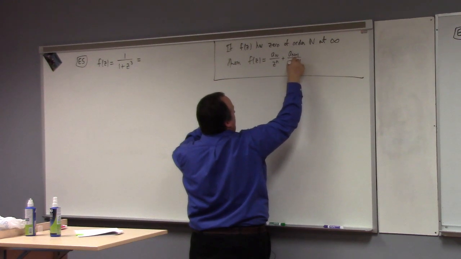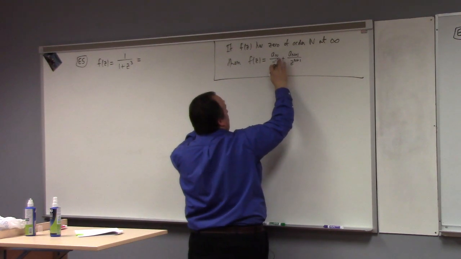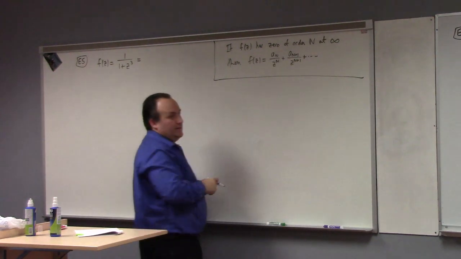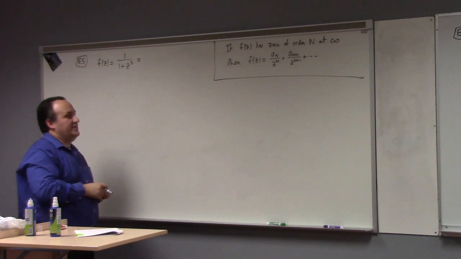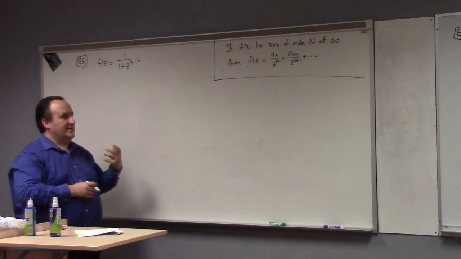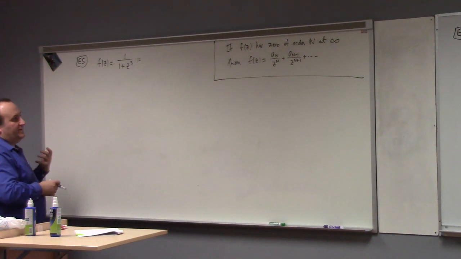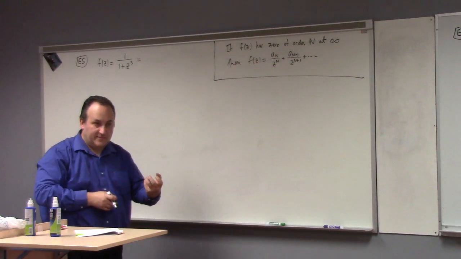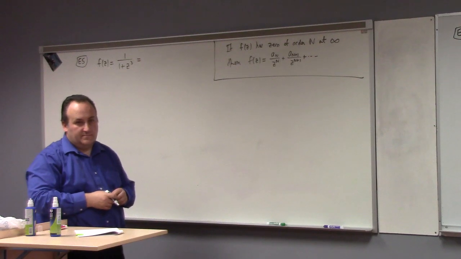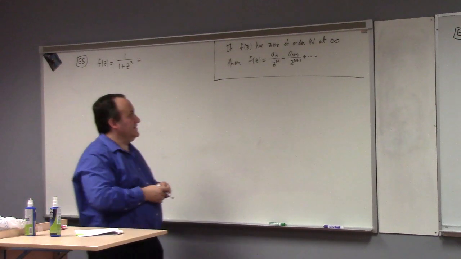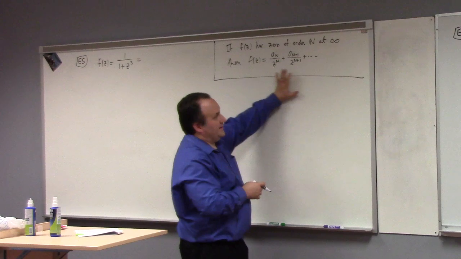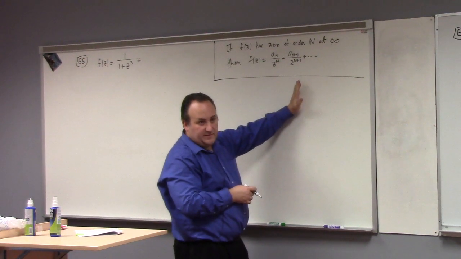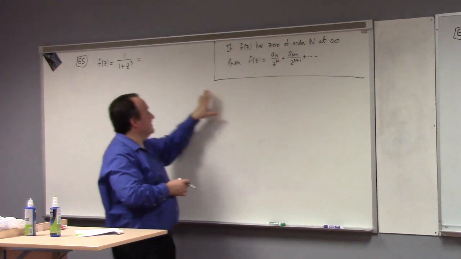Is that right? Isn't that what we just worked out? Yes. All right. My point to you is that if you can find the expansion of the function in the reciprocal powers of z, you can read from that if this is in fact analytic at infinity and if it has a 0 of a particular order. All right?